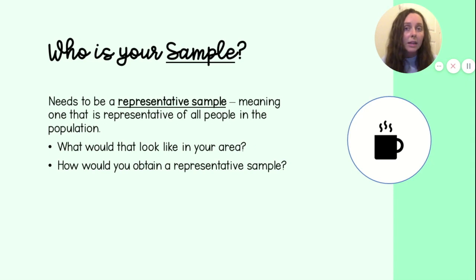Well, you would think that you would probably need some math teachers, some science teachers, some English, history, maybe some fine arts, maybe some coaches. Do you want all the old teachers? Probably not, because there's young, cool ones also. Do you want only the young teachers? No, right? So we've got to figure out how we can get a sample that's representative of the whole population that we're trying to experiment on.